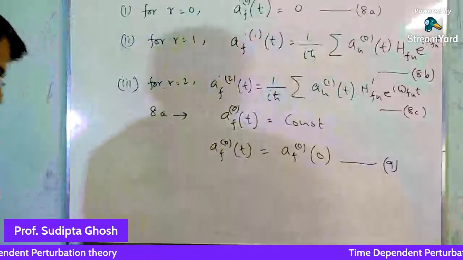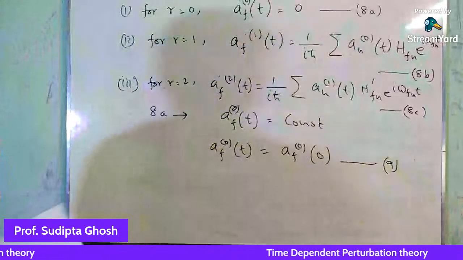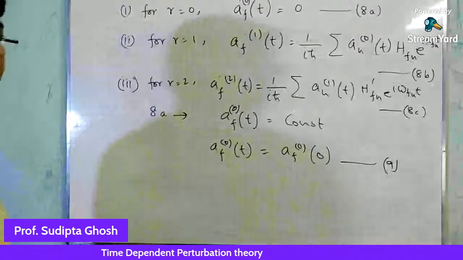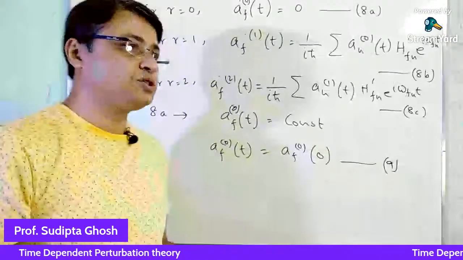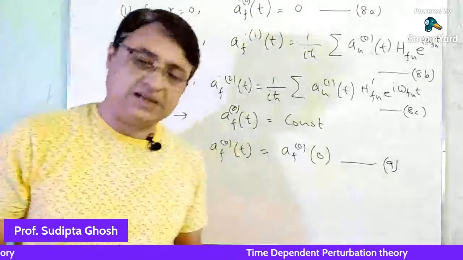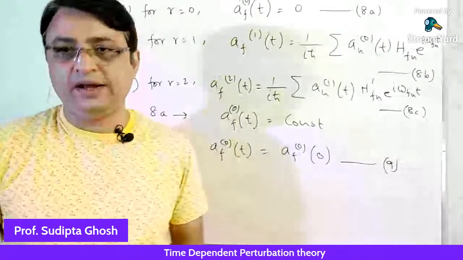So accordingly, in equation 7, I have written a_f(t) equals a_f0(t) plus lambda a_f1(t) plus lambda square a_f2(t) and so on.